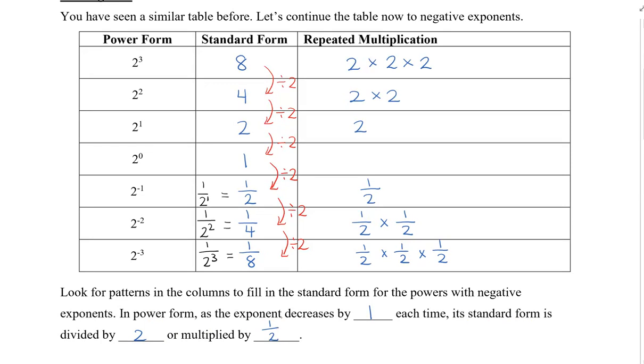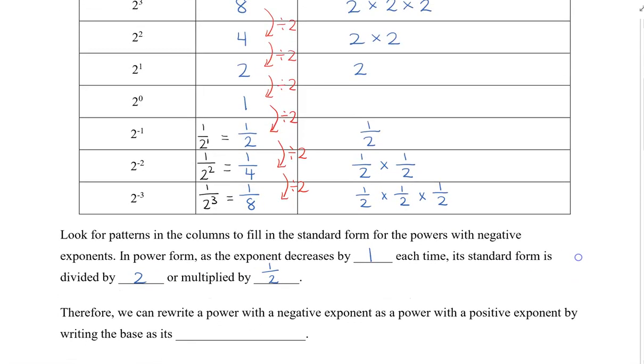So therefore, we can rewrite a power with a negative exponent as a power with a positive exponent by writing the base as its reciprocal. So, like I said before, 2 has now become 1 over 2.